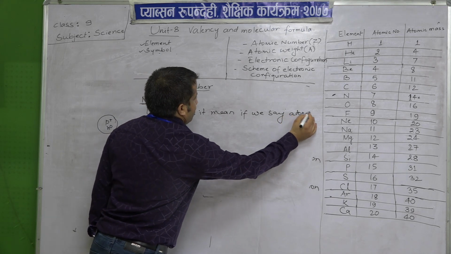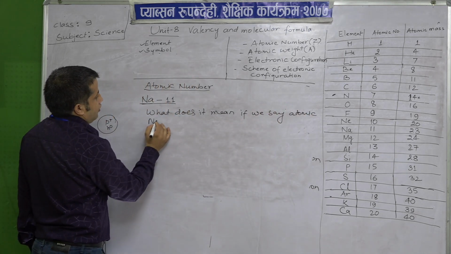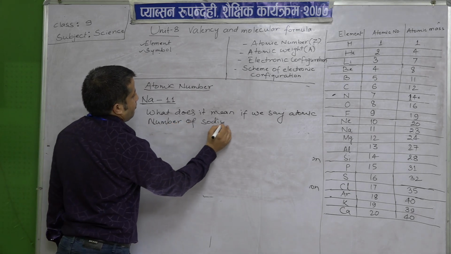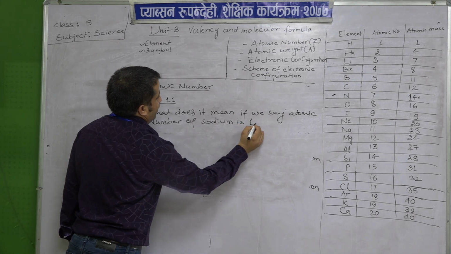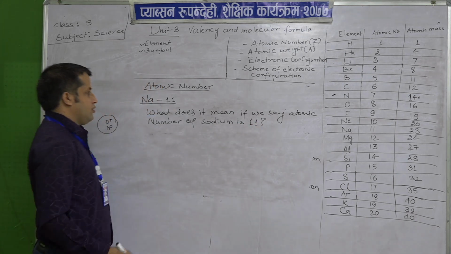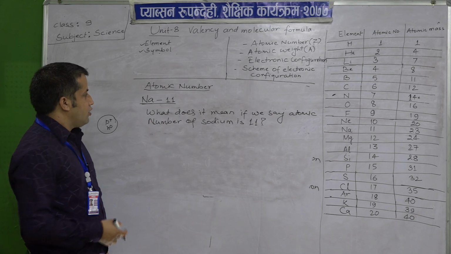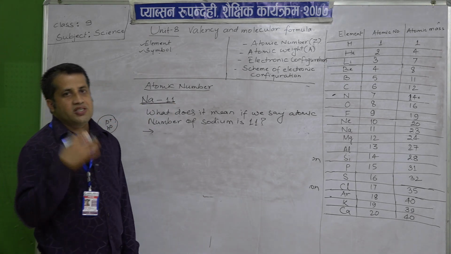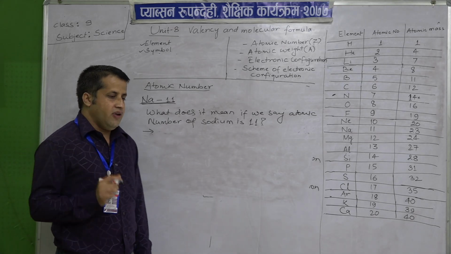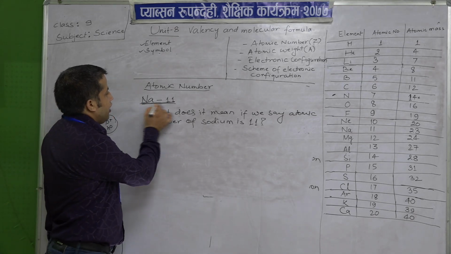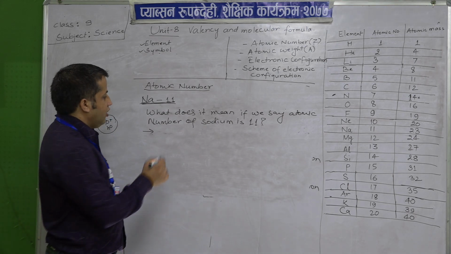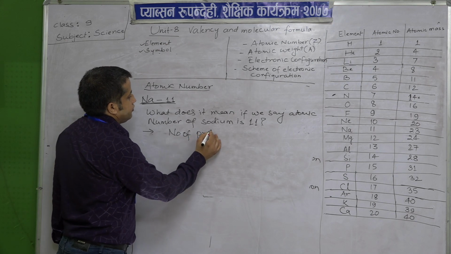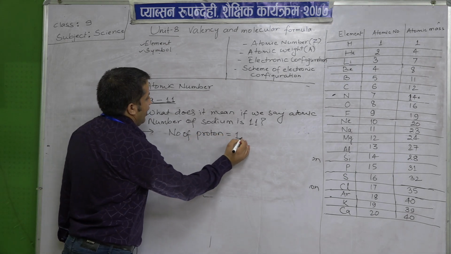When we say the atomic number of sodium is 11, it reflects that in the atom of sodium the number of protons is 11.